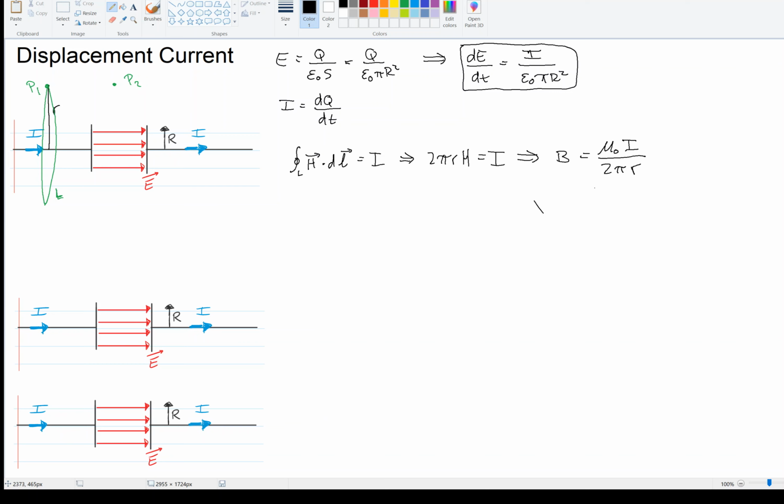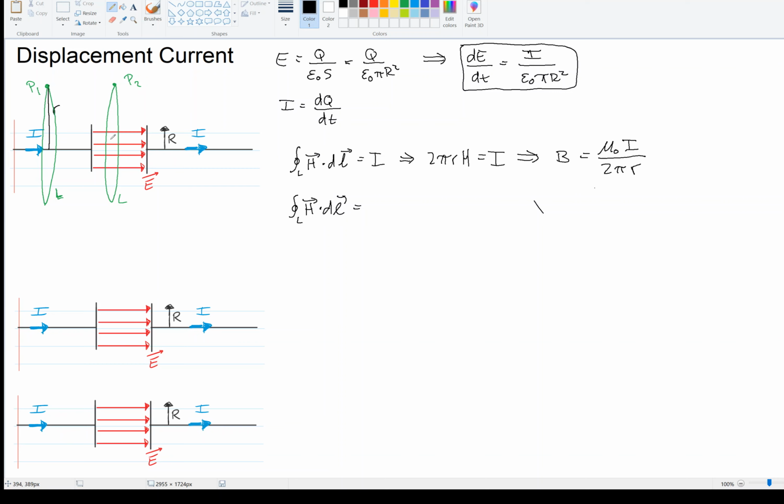All right, that was simple enough, so let's just repeat that at point P2. And so we again choose an Amperian path that's circular, right? So that's L. And we repeat this exercise and we say, okay, Ampere's law, the circulation of H around L is equal to the current that penetrates that surface, that circle.